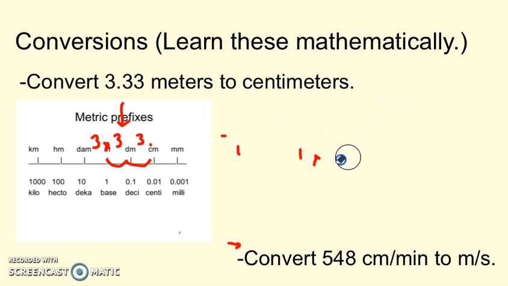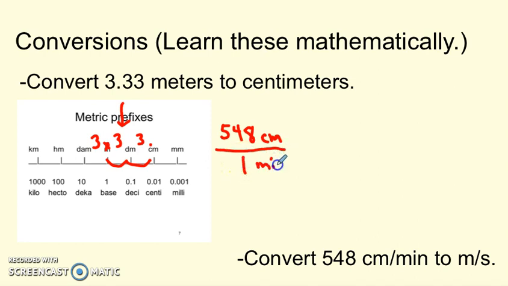Keep in mind, we're going to use the fractional method here, where we're using conversion fractions. So we've got 548 centimeters per minute. Let's start with 548 centimeters, and I'm going to put that over 1 minute.